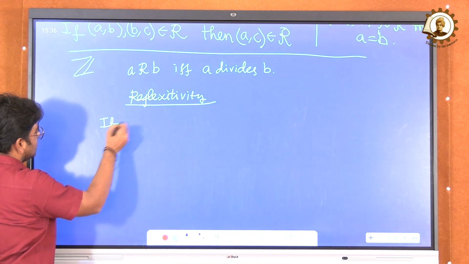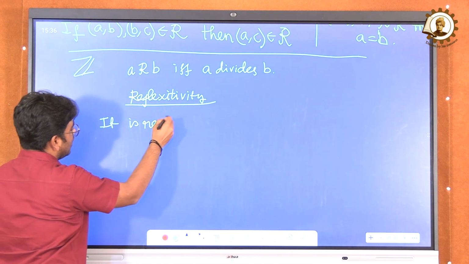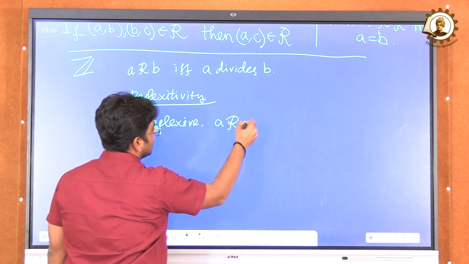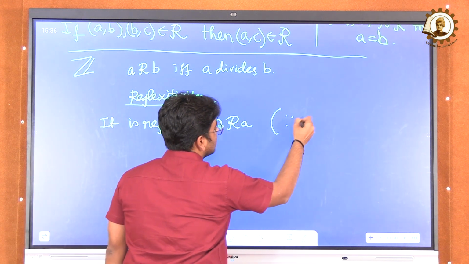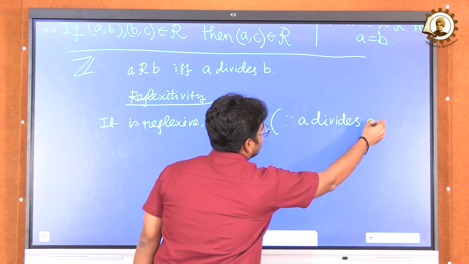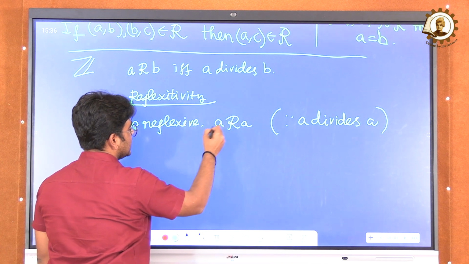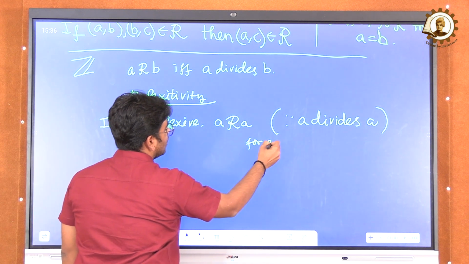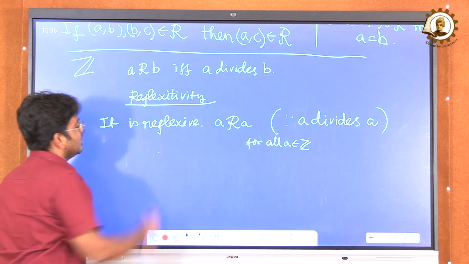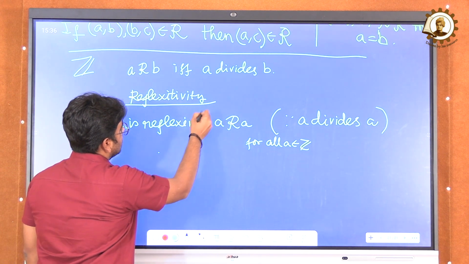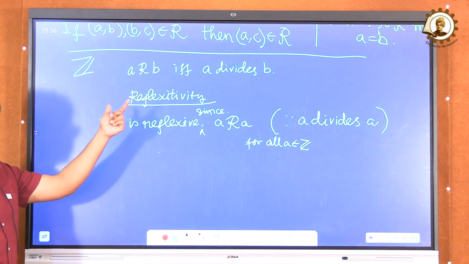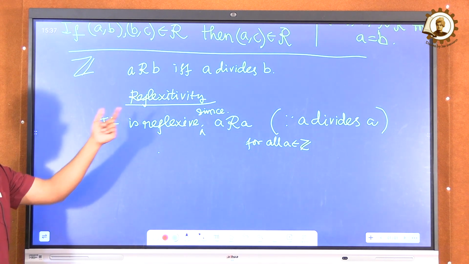It is reflexive because A related to A, since A divides A for all A belonging to Z. So it is reflexive. It is very easy.